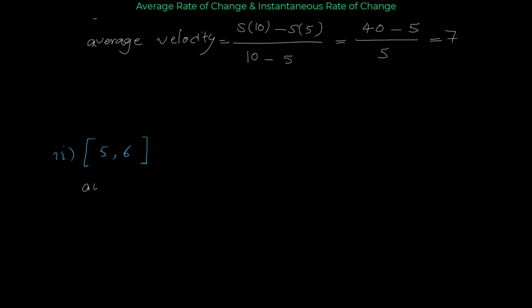So average velocity from 5 to 6 is s of 6 minus s of 5 over 6 minus 5.